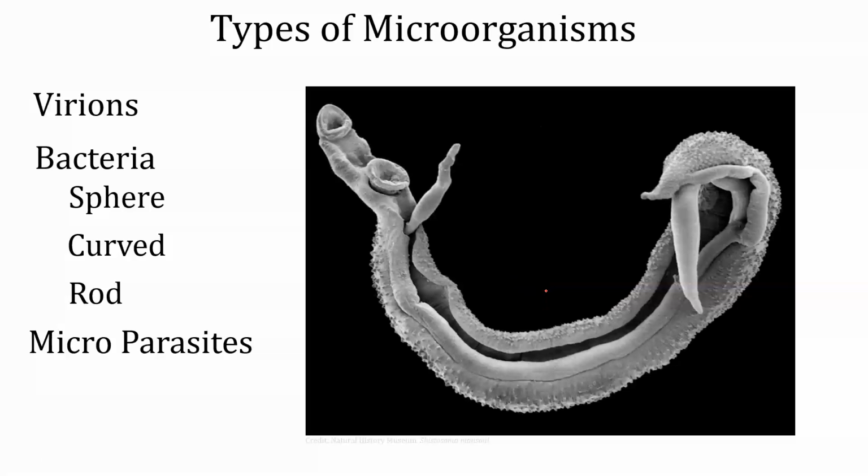This nasty looking thing here is called a schistosoma, and it's like this little worm-like creature that can get into different parts of your body and make you sick. And there's a whole bunch of other types of organisms like this that are neither a bacteria or a virus, but yet can still infect your body and make you sick.